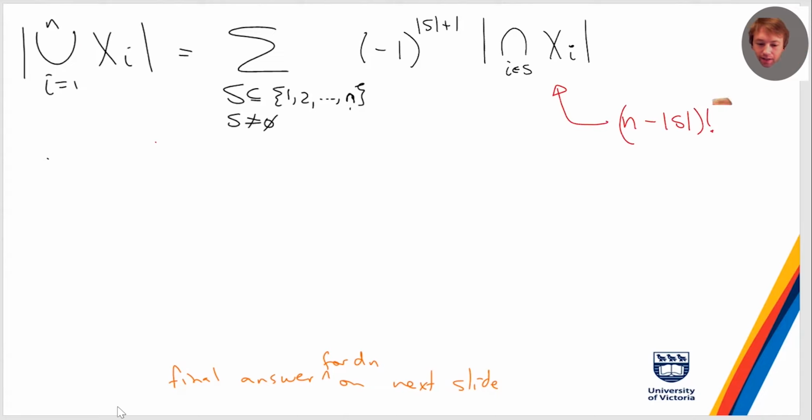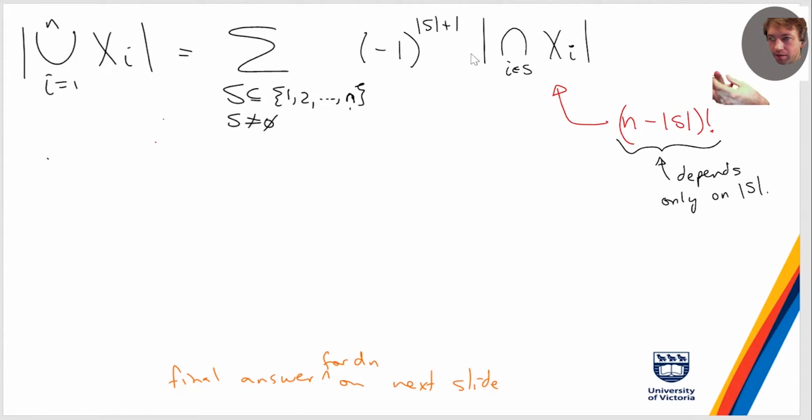Now exactly the same way as we dealt with the surjections, the key thing is that this expression doesn't depend on the specific set S, only on the size of S. So we can group these terms based on how big S is.